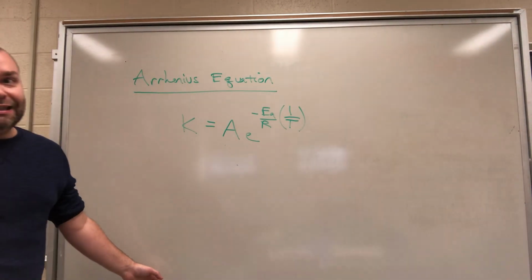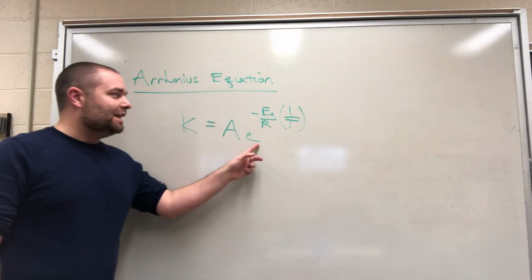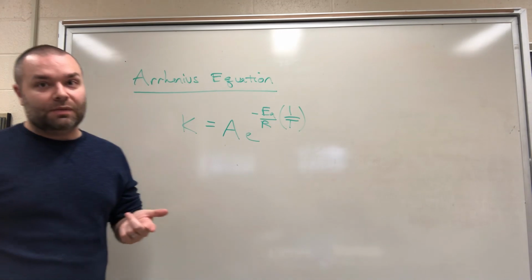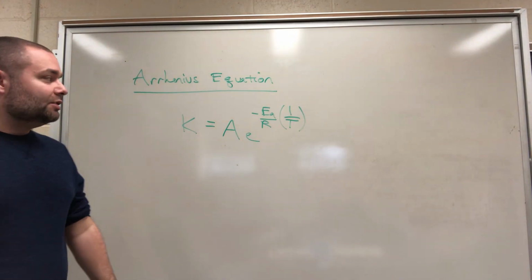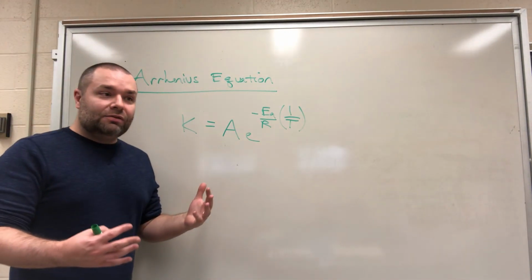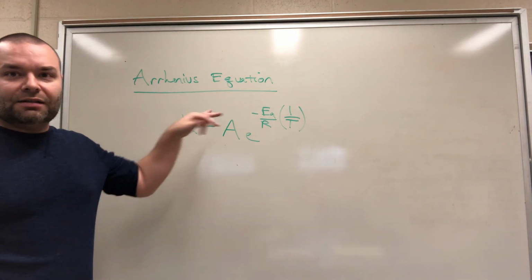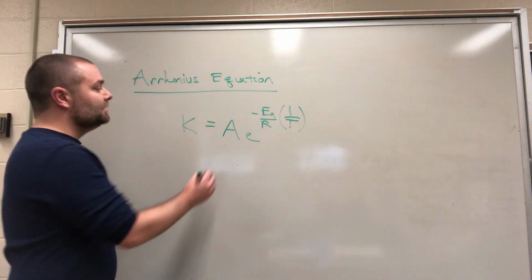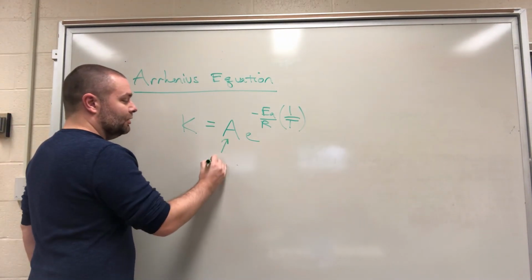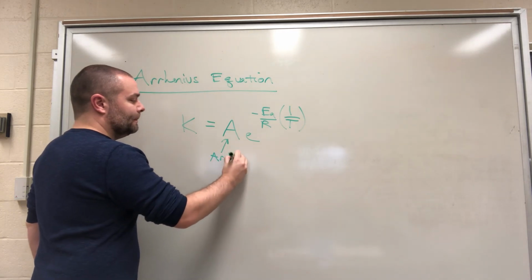And so what we see again is a situation where we have an exponential relationship. Let's define some variables. You're familiar with what this looks like. It's a negative exponential. It looks like a decay. A is what's known as the Arrhenius parameter.